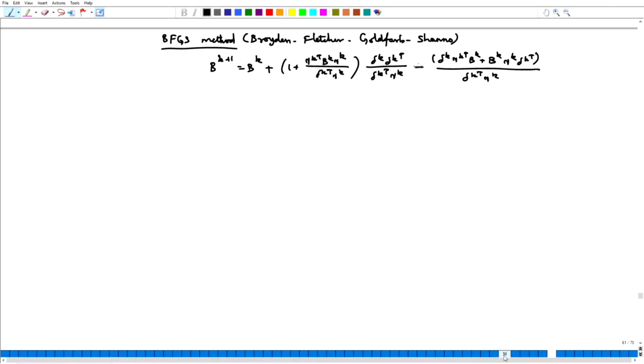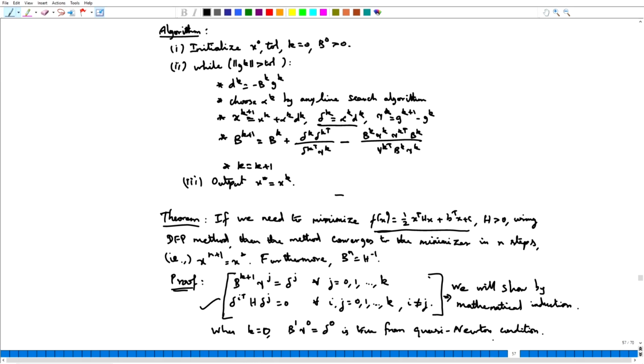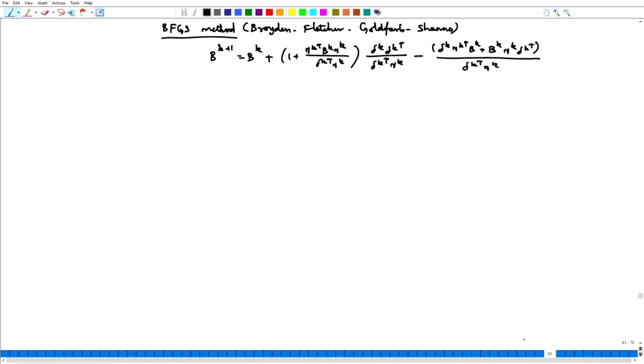The algorithm is very simple, exactly as what we had here. Just in this step we need to substitute the update we have written here.